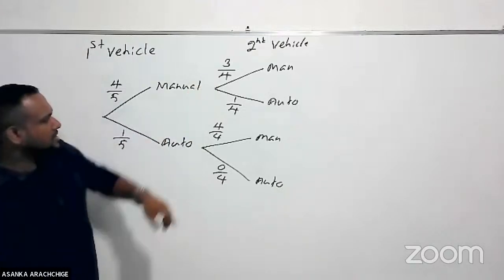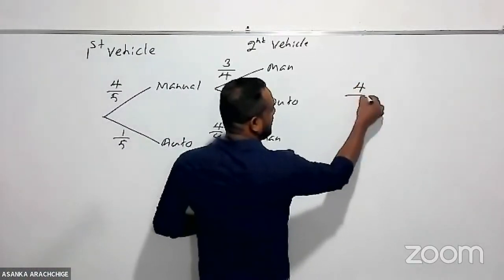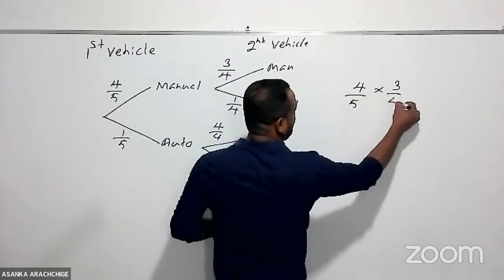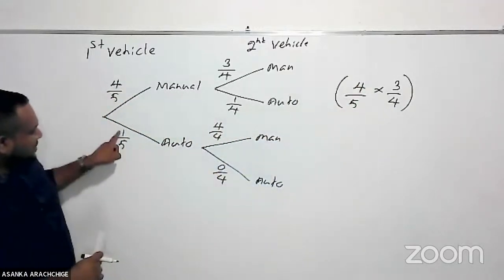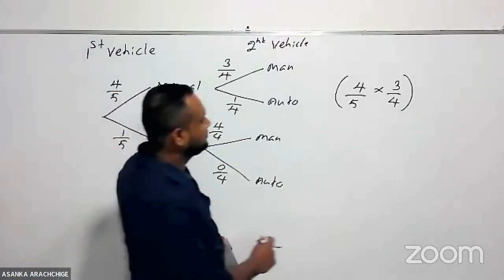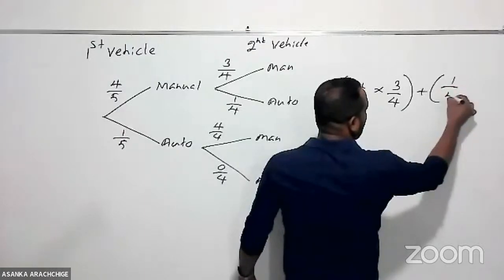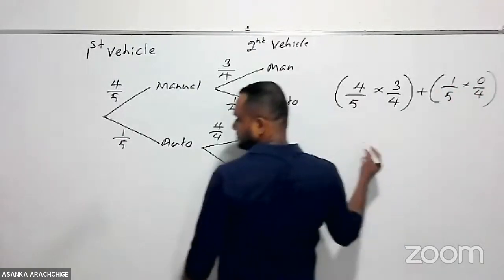4/5 times 3/4. This auto case can never happen, because 1/5 times 0/4 is 0.